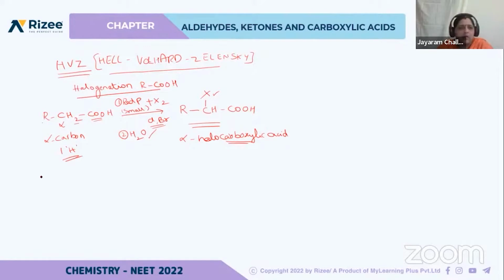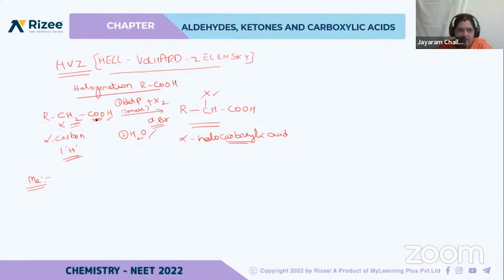So now let's see the mechanism. Now tell me, in both the hydrogens, which one is more acidic? Obviously, this hydrogen is more acidic. So why can't this halogen add to this C double bond O? Instead of adding here, why is it going to this carbon, replacing this hydrogen and adding at this alpha position?